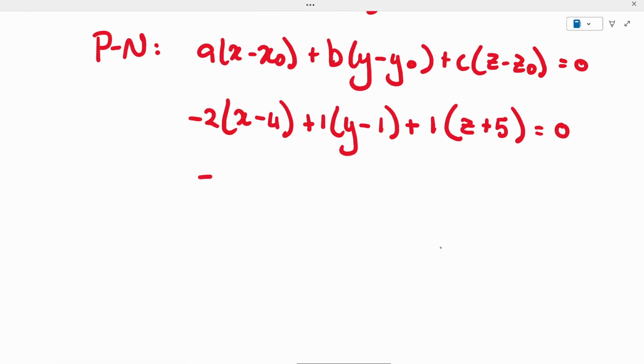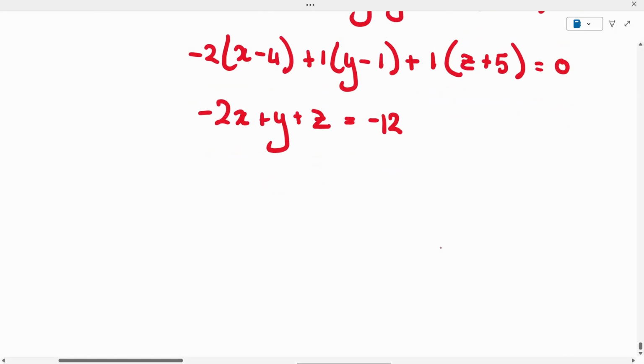So the equation of the plane is minus 2x plus y plus z minus 8 minus 1 is plus 8 minus 1 is 7 plus 5 is 12, so it will go over as minus 12. And that is the equation of pi 1. Minus 2x plus y plus z equals minus 12, right?